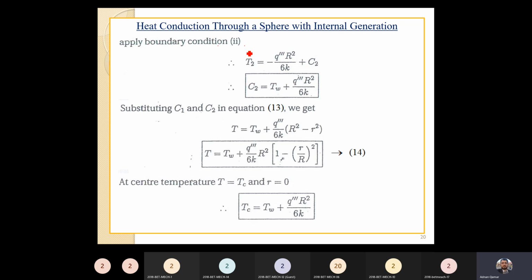Apply boundary condition 2. Tw is equal to minus q triple dash R square over 6k plus c2, and from here you separate c2 as Tw plus q triple dash R square over 6k.